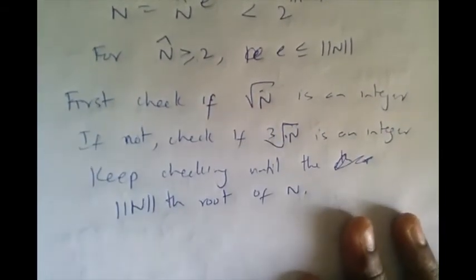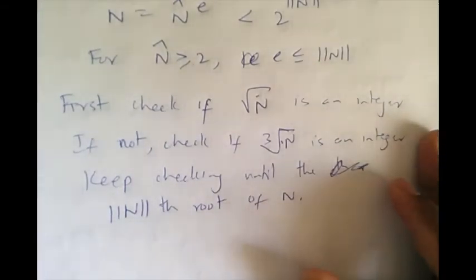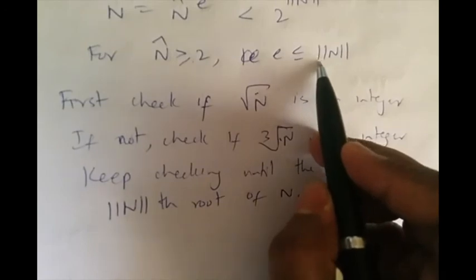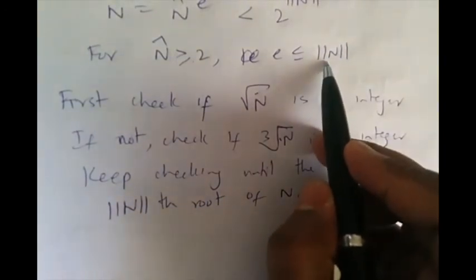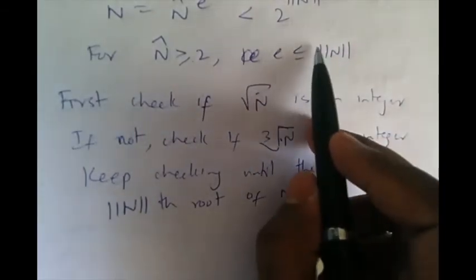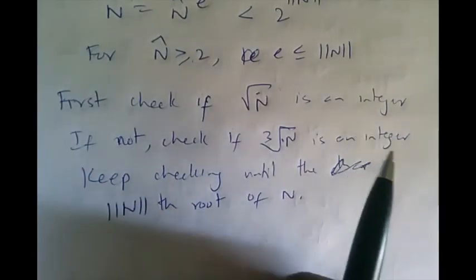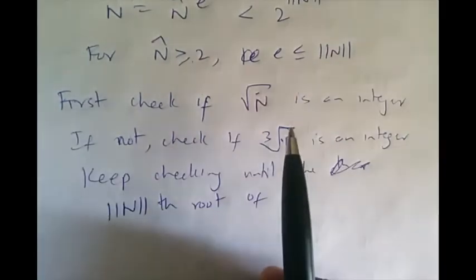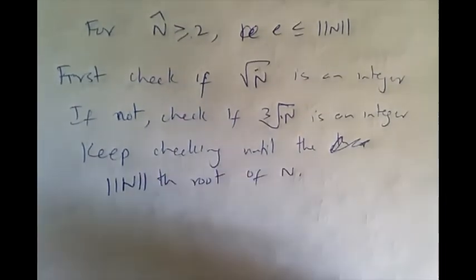Okay, so this can tell you whether n is a perfect power or not. The number of roots you're calculating is bounded by the number of bits in n. So finally this algorithm will terminate in time which is polynomial in the number of bits in n, the description length of n. Okay, so it's a polynomial time algorithm.